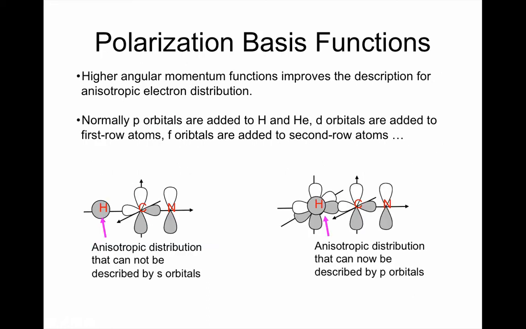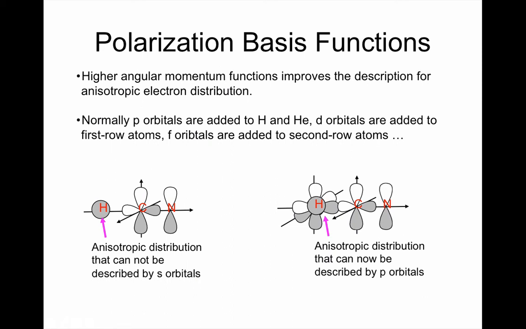In addition to the diffuse basis functions, we can also include what we call polarization basis functions. By polarization basis functions, we mean higher angular momentum functions that can be used in order to improve the description of the anisotropic electron distribution. We normally add p orbitals to hydrogen, d orbitals to first row atoms, f orbitals to second row atoms, and so on.